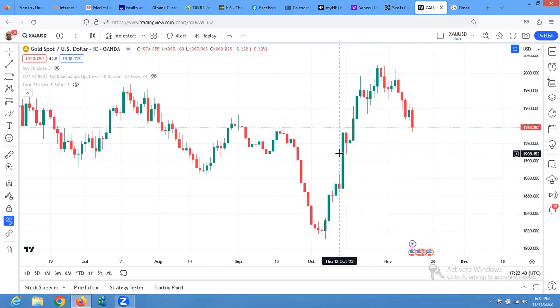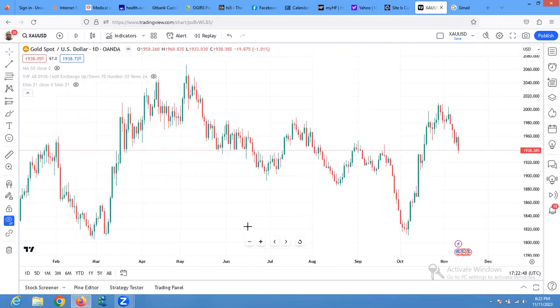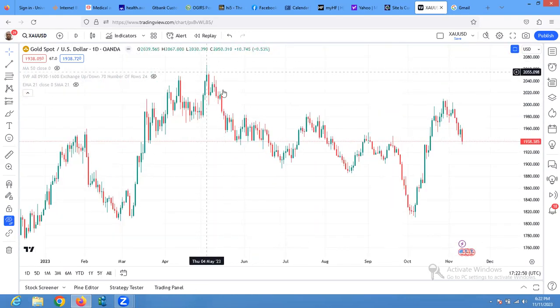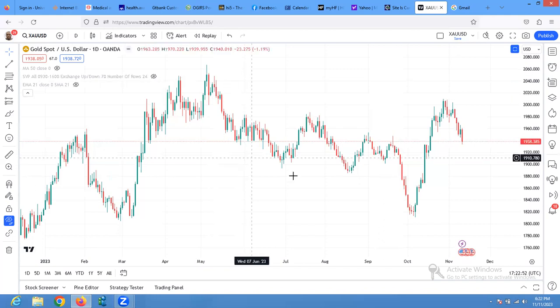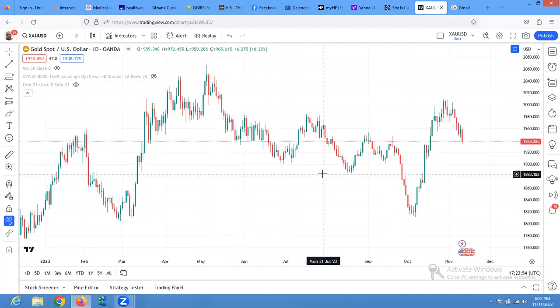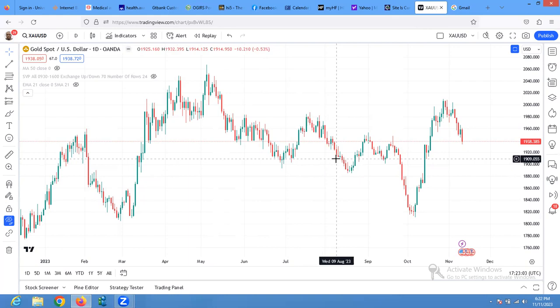We don't expect the price to pull beyond 1908, or better still, let's look at the low of the correction when we had this corrective format here. This will be an area that we should not expect price to break. This is the low here, which is between 1884 and 1908.